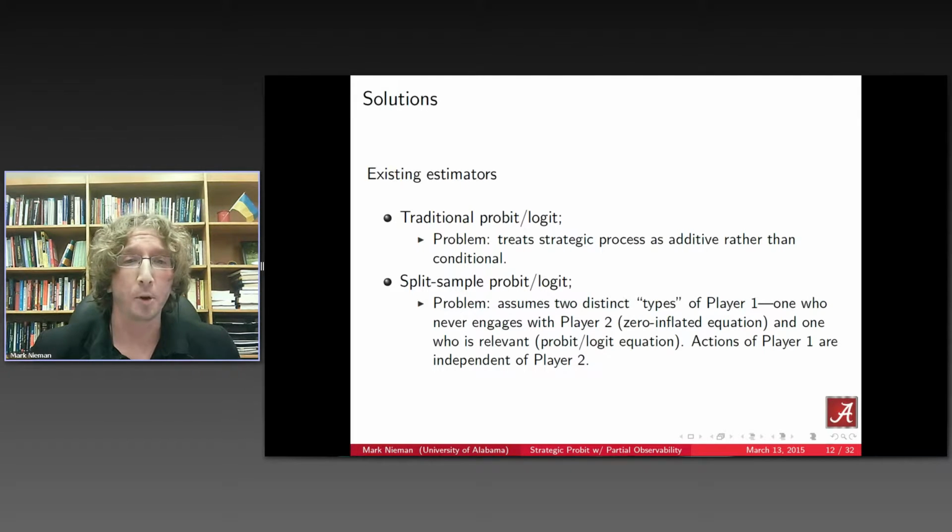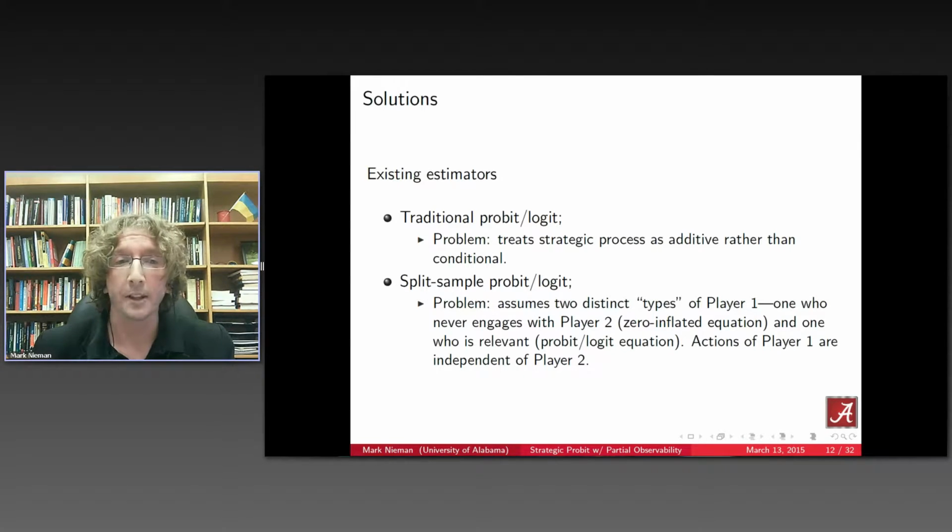If we use a traditional Probit or logit, we're treating this strategic process as additive rather than conditional. If we use a split sample Probit or logit, we're going to try to identify two distinct types of player 1: one that never engages with player 2, which would be the zero inflated equation, and one where we're saying this group is relevant and they engage in the Probit or logit equation.